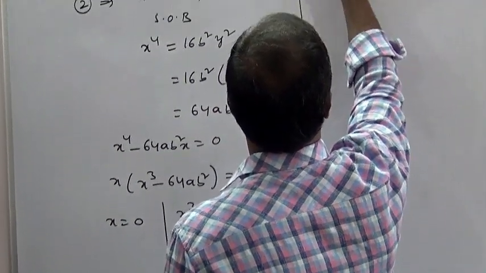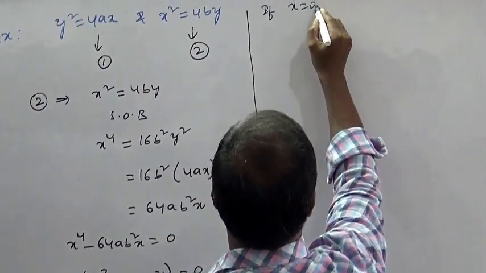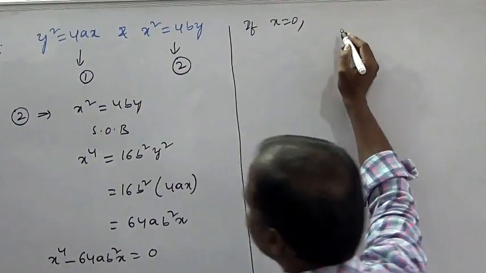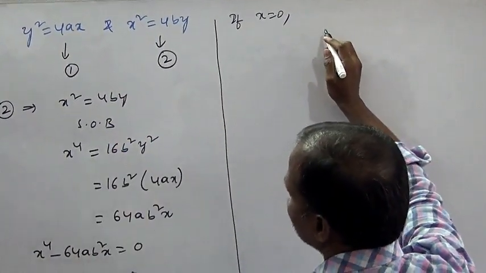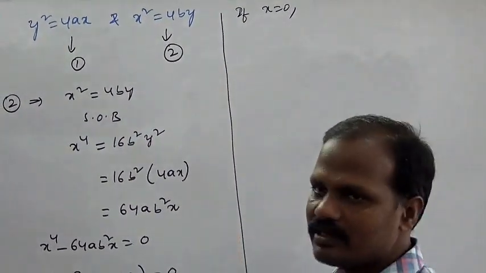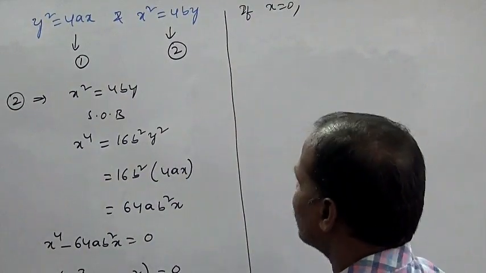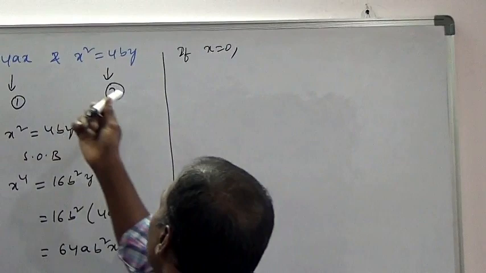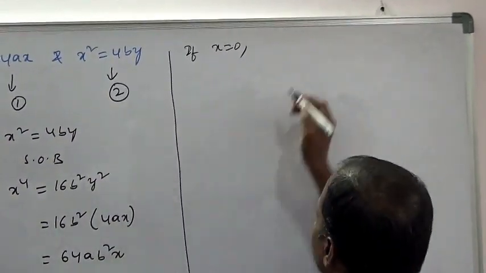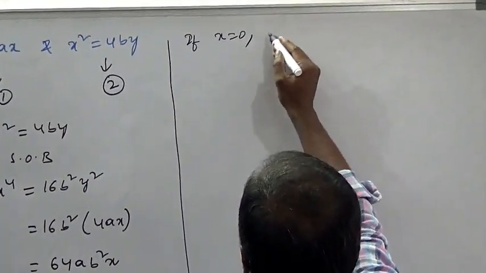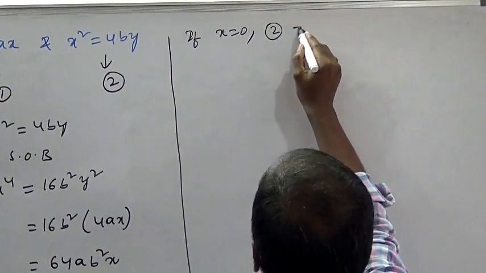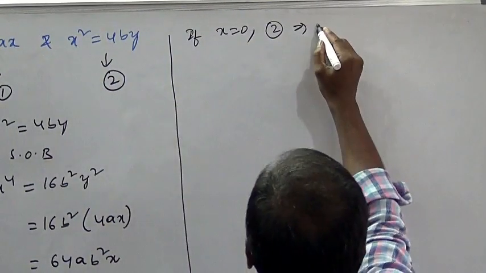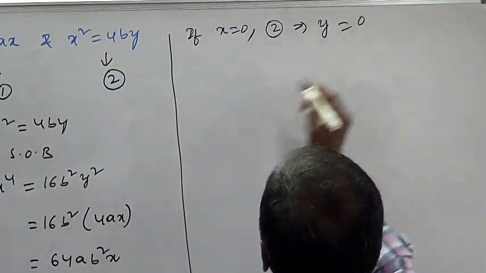Now if x equal to 0, now we have to find the y value. You can substitute in equation number 1 or equation number 2, no problem. So x equal to 0, from 2, what is the y value? y equal to 0.